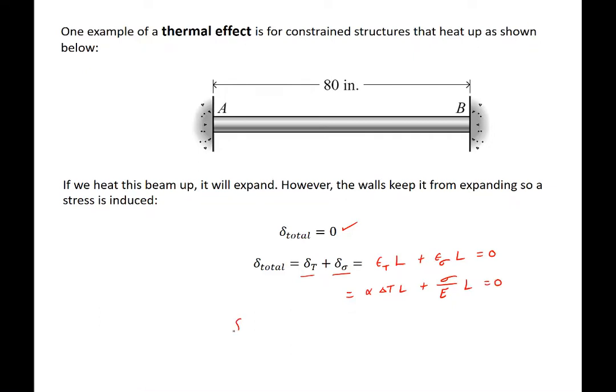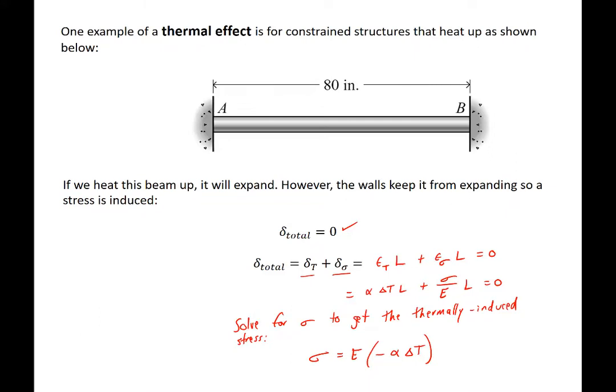So we solve for sigma to get basically the thermally induced stress. And that's going to look something like this, where sigma is equal to the elastic modulus times minus alpha delta T. Right?